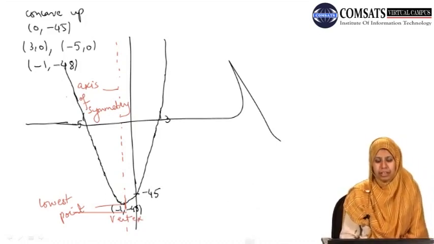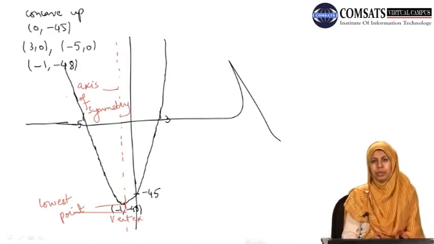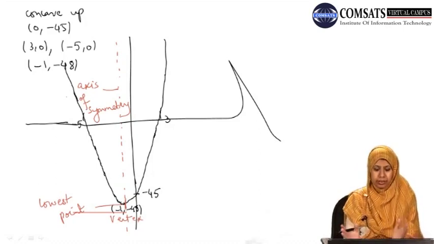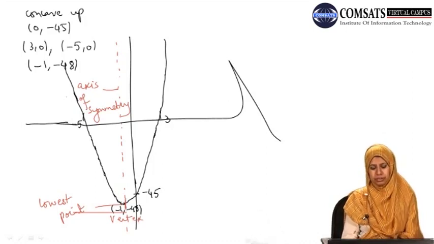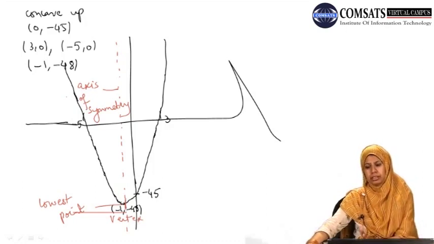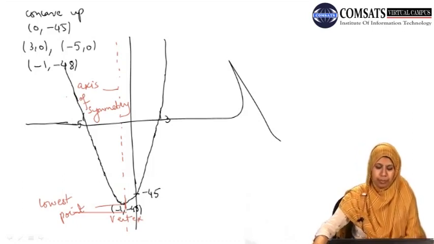We can easily have an idea of what the graph of our given quadratic function will look like, what will be the lowest point, what will be the highest point, how wide the graph is, and so on. What will be the axis of symmetry, that is, on which vertical line the graph will reflect, give its mirror image or reflect itself.